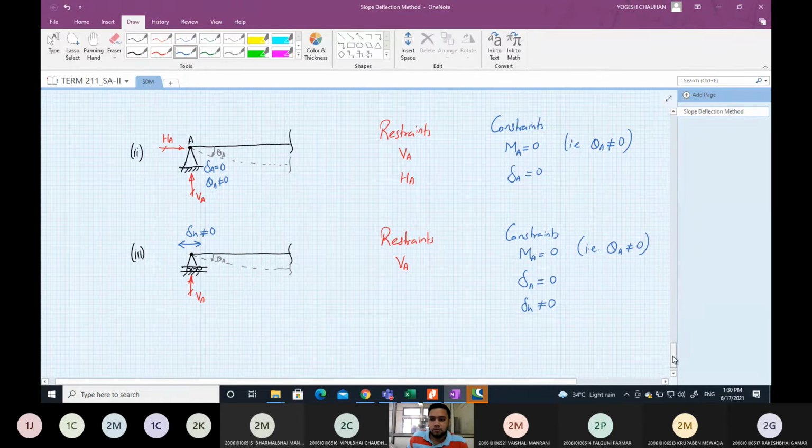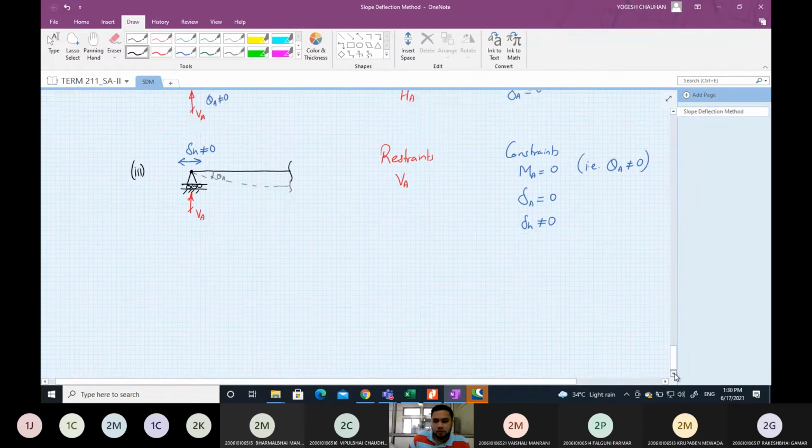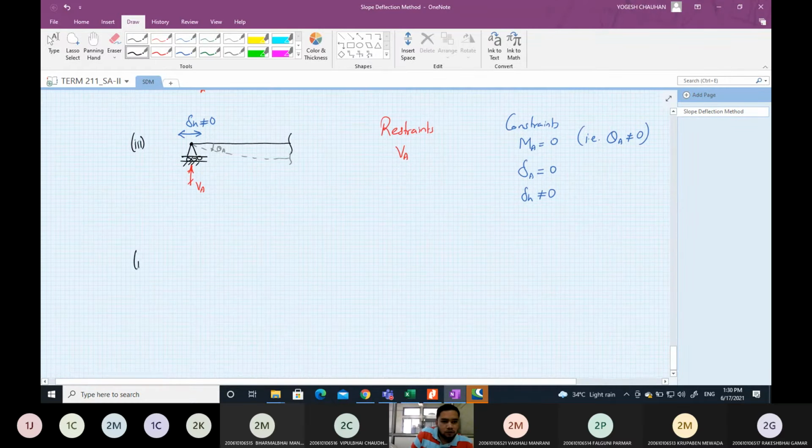Okay, and one more case, the guided roller. Now it is rigidly connected to this member. It is like a channel in a drawer. So this will translate in the vertical direction.